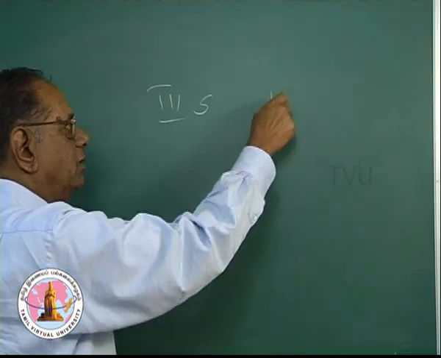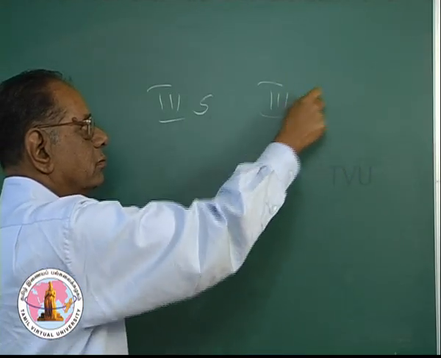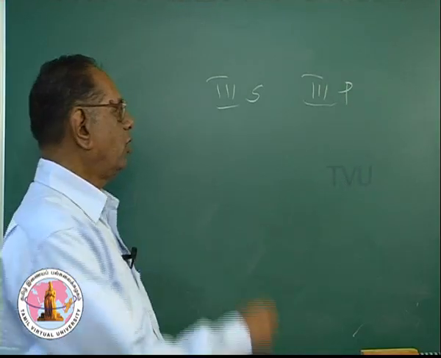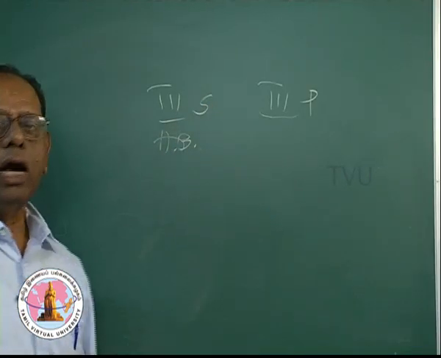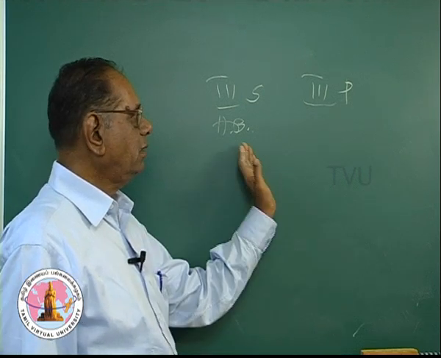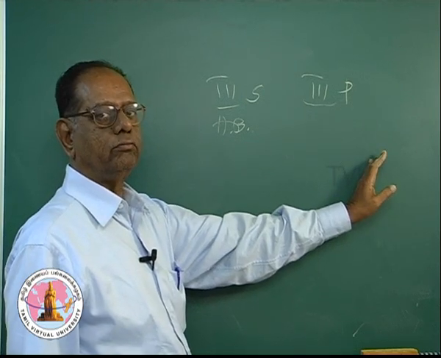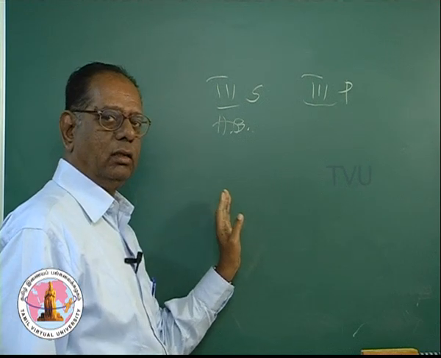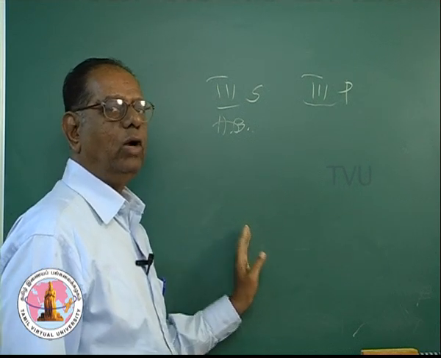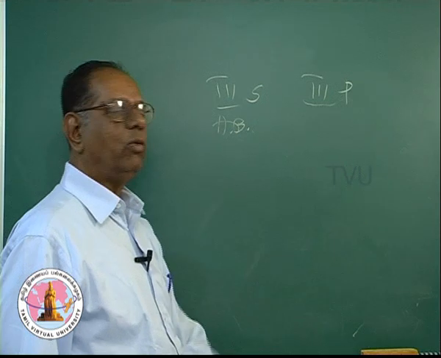What about third person plural? For human beings, you have a different plural form, and for third person plural neuter gender, you have a different form. Do you remember what they are?